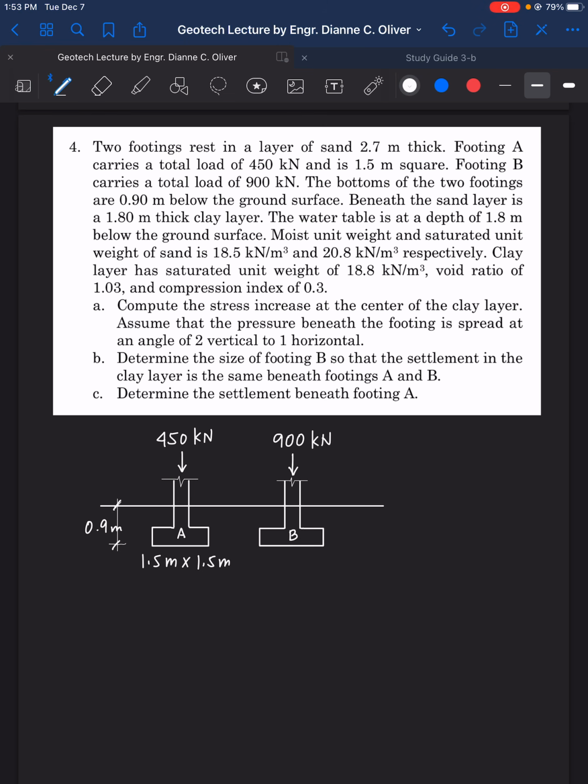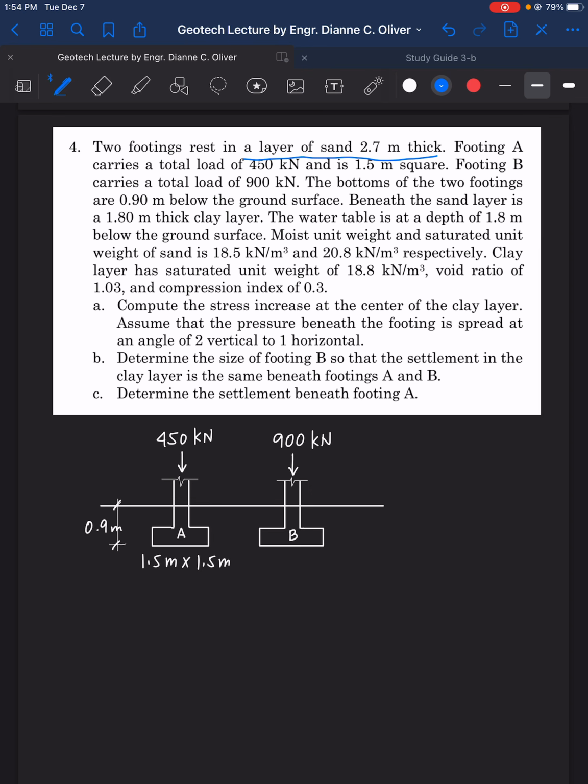Then the layer of sand is 2.7 meter thick. The layer of sand is 2.7 meter thick, and the bottoms of the two footings are 0.9 meter below the ground surface.